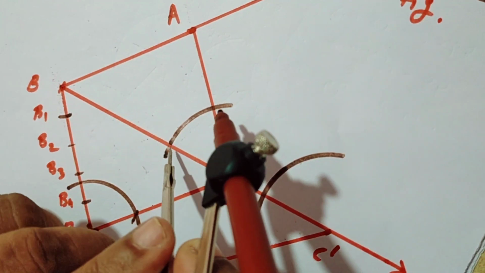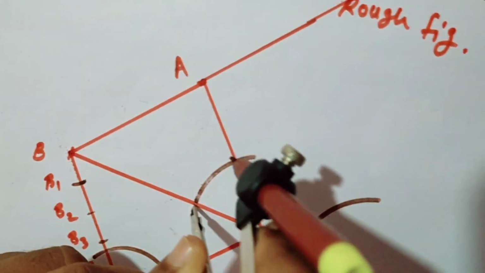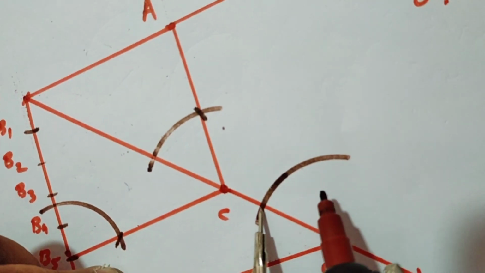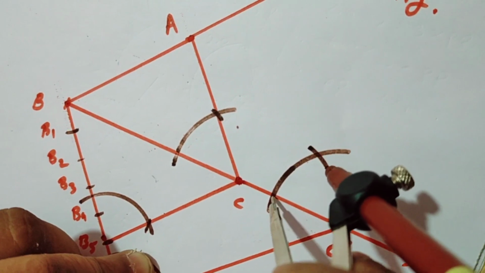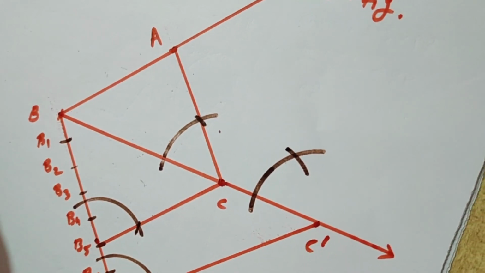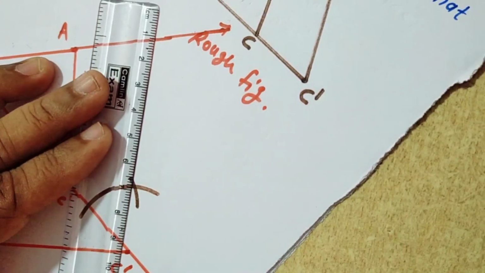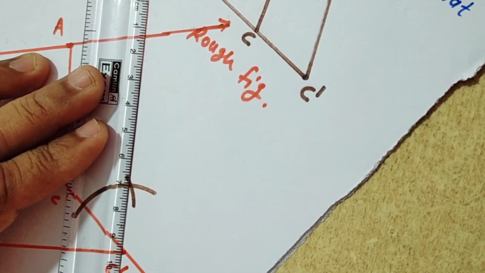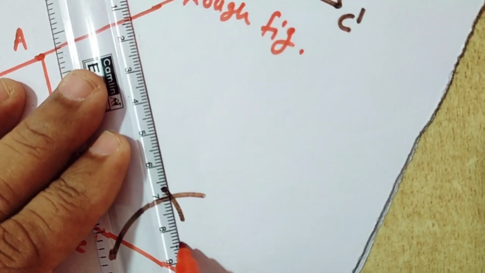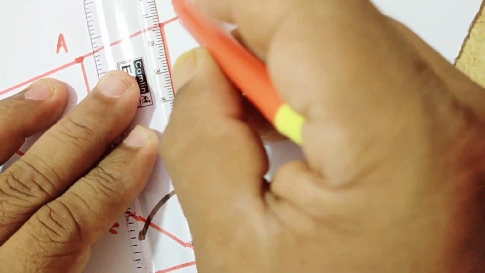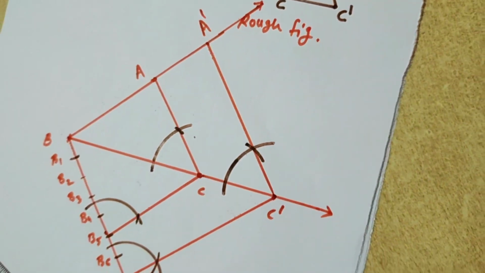Then take the distance between these two arms of angle C in your rounder, then keep it here on the point of intersection of ray BC and arc. Then using your ruler and pencil, draw a line passing through the point of intersection of arcs and from C'. Where it intersects, this is point A'.